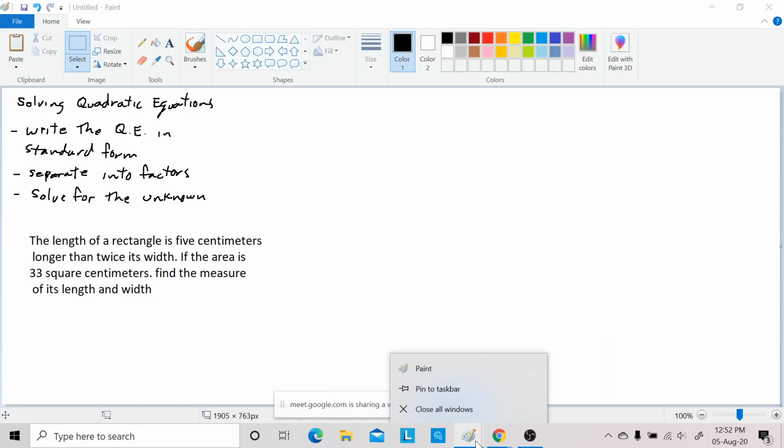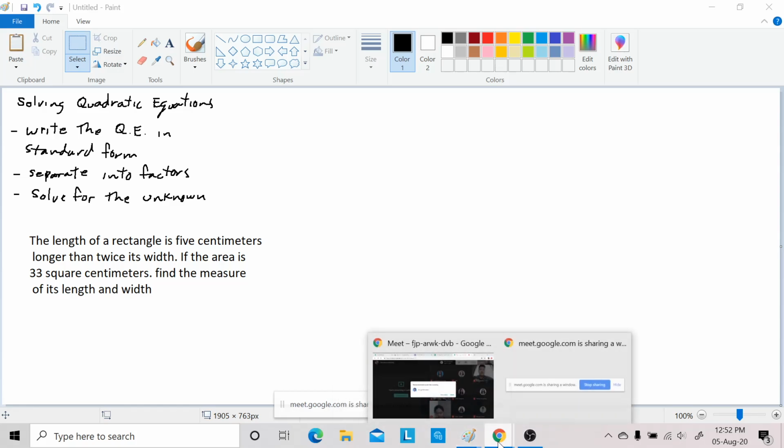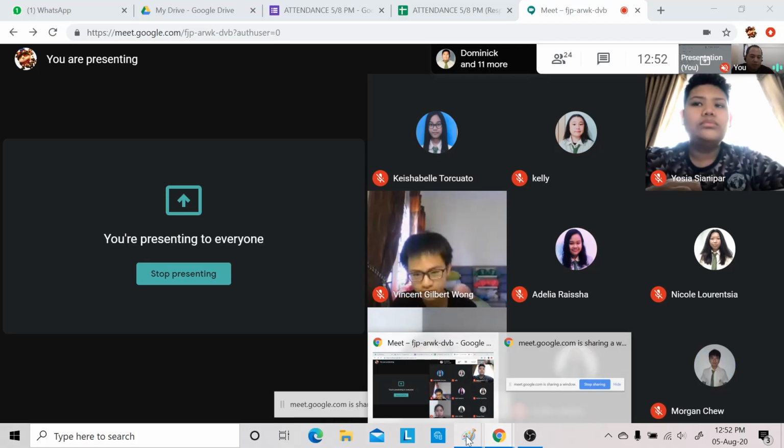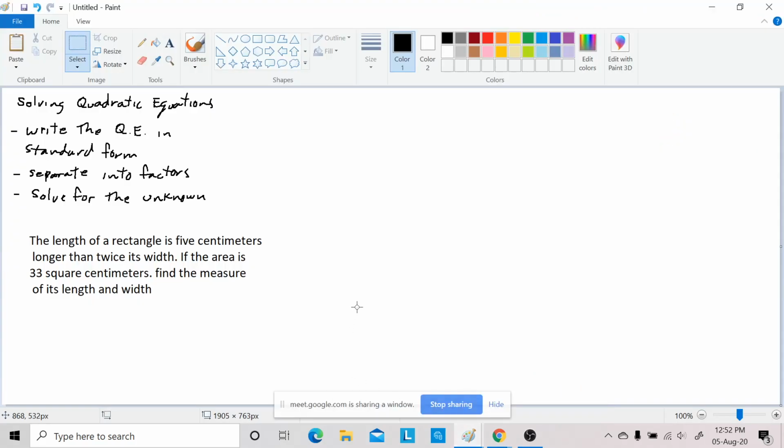And how do we do that? The best way to do that is for you to draw or make a representation of this on paper. It helps us visualize what is happening in the problem.